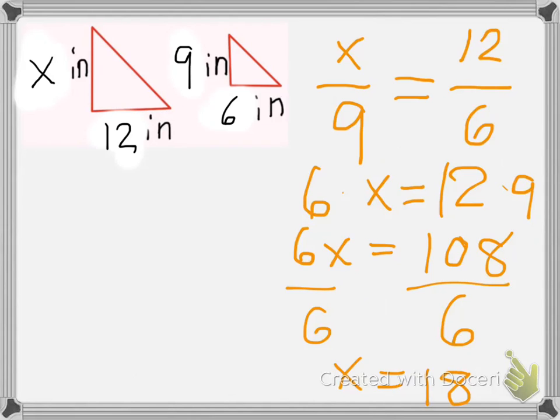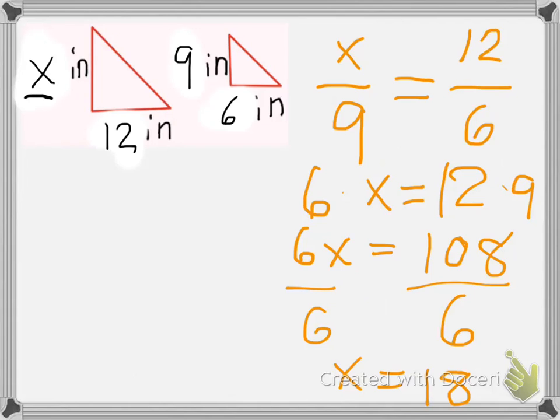Okay, so where was I? Like in the last problem, the bigger one is still on top for me, and so it will be x over 9 is equal to 12 over 6.